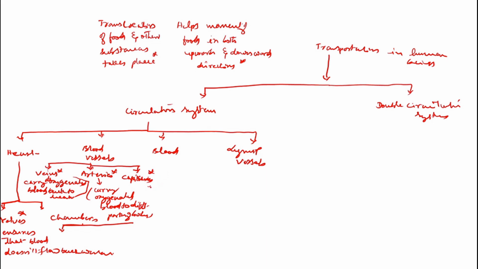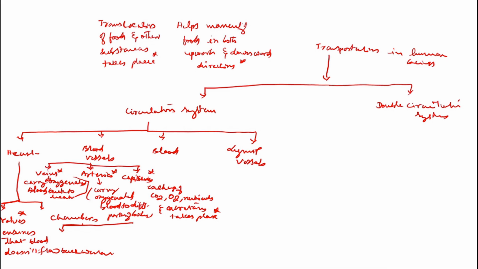So exchange of carbon dioxide, oxygen, nutrients and excretory takes place. All three are very, very important.